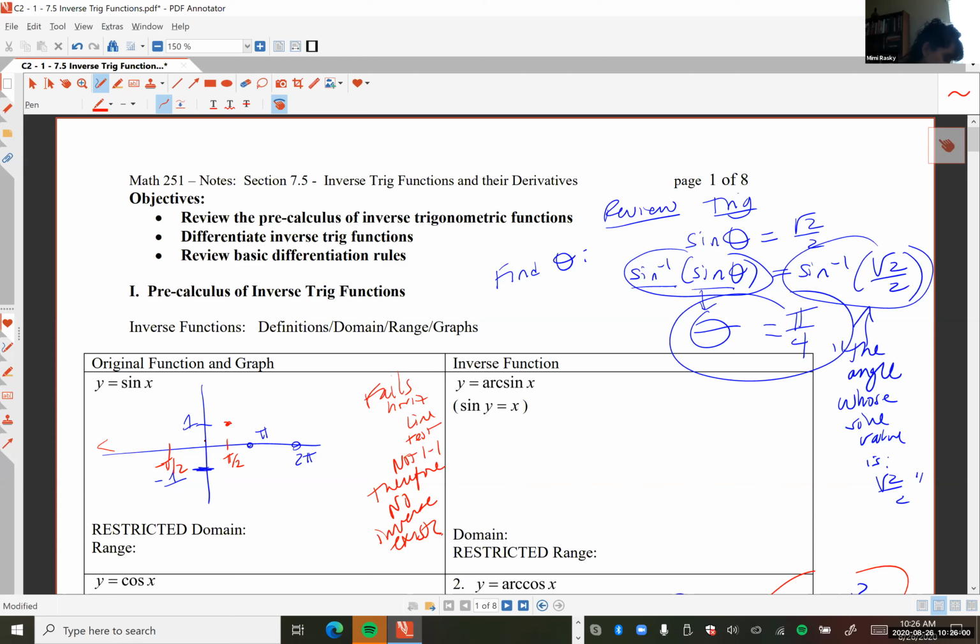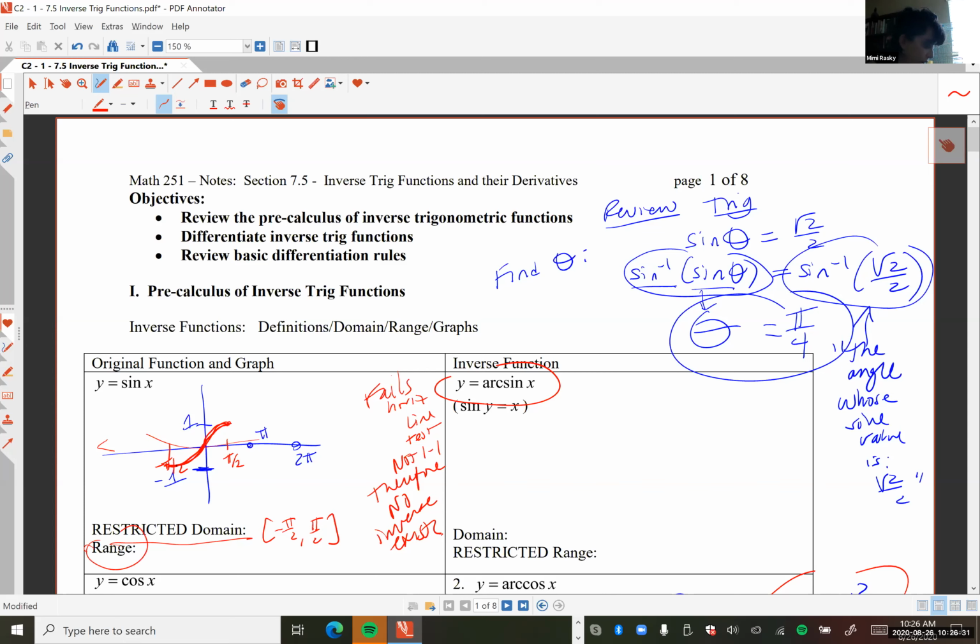Because if we keep only that portion, now it passes the horizontal line test. So it only intersects a horizontal line one time, and an inverse exists. Yay, success. So now you can do y equals arc sine of x. So you have to restrict the domain. The domain has to be restricted between negative pi halves and positive pi halves in order for this to exist.